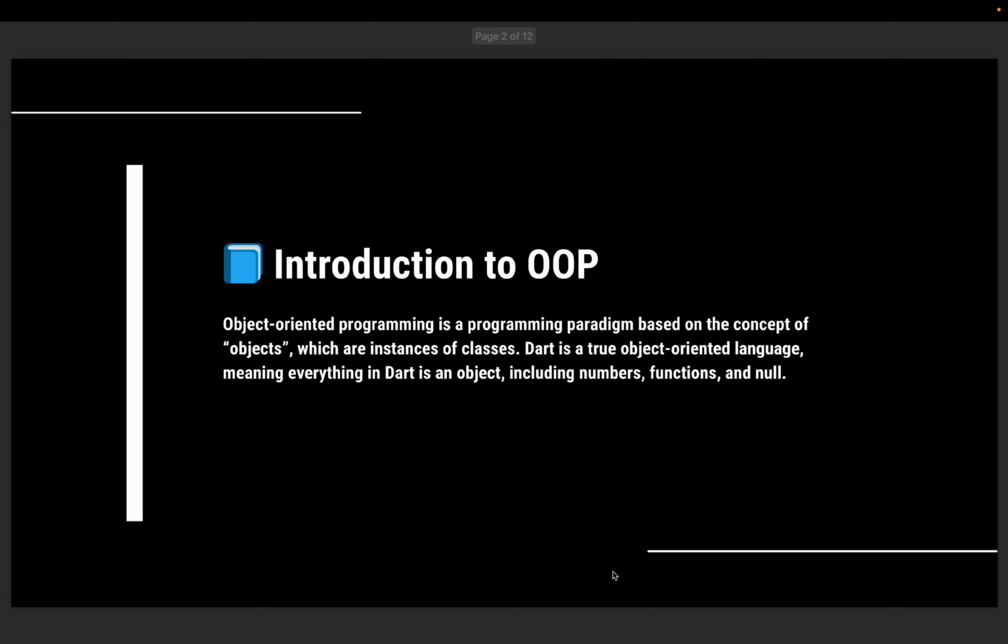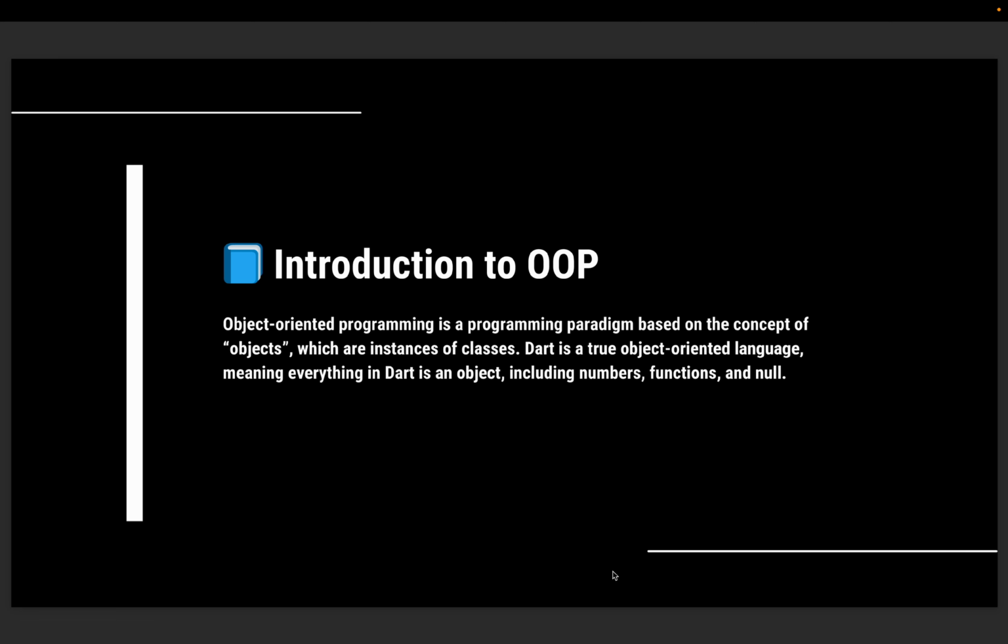So OOP, from the words object oriented programming, is a programming paradigm based on the concept of objects. Yes, it's about objects. And what is an object? An object is an instance of a class.